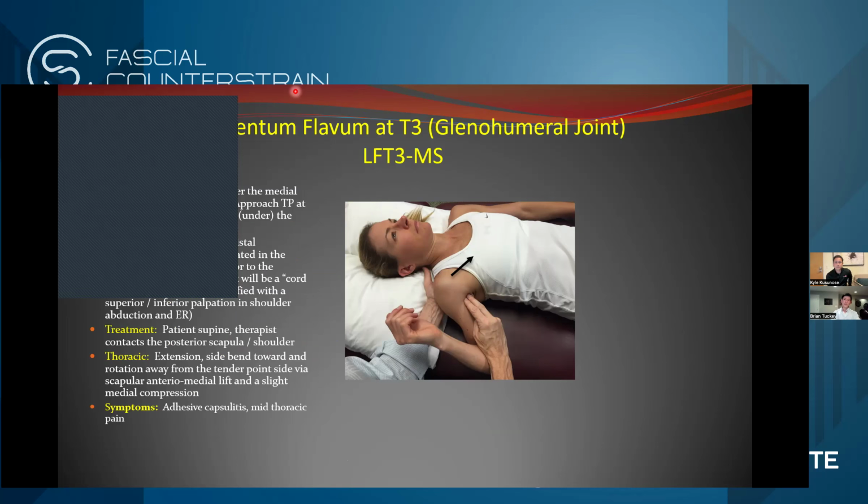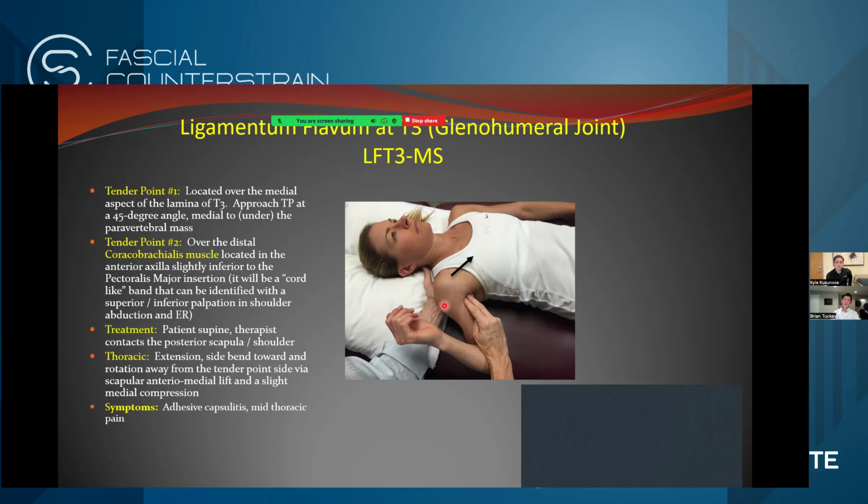So anyway, this is the example of the ligamentum flavum technique for the glenohumeral joint. It is an extension, side bend toward, rotate away of the trunk, not rotate towards. It's a little different than PLL. And the diagnostic tender point is the coracobrachialis muscle. So if you've ever taken a frozen shoulder and tried to rotate them, if they've got this capsulitis, that coracobrachialis pops right out.